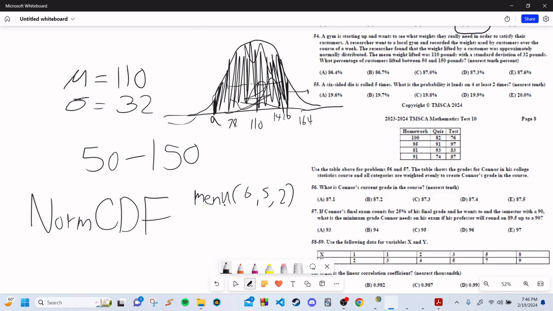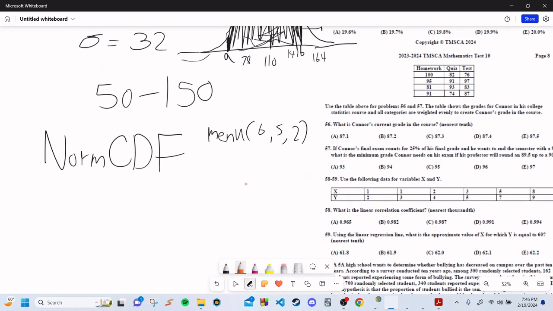Okay, so after you do menu 652, it's going to prompt you with a dialog box. I'm going to draw this in another color again. It's going to ask for the lower bound and the upper bound, so very similar to an integral. It's going to ask for your mean, and then ask for your standard deviation, and that's it.